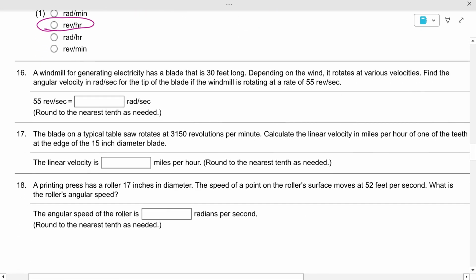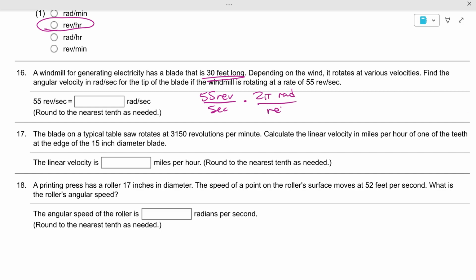A windmill for generating electricity has a blade 30 feet long. Depending on the wind, it rotates at various velocities. Find the angular velocity of the tip of the blade. We don't have to worry about the 30 feet long because it's just angular velocity. So we just worry about the 55 revolutions per second times 2 pi radians per revolution.